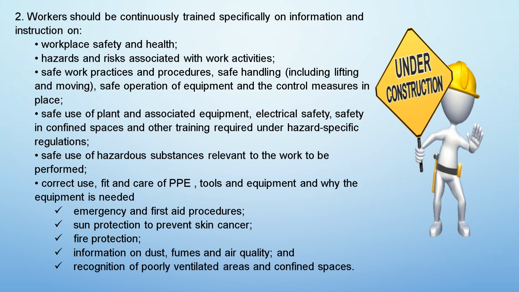Safe use of plant and associated equipment, electrical safety, safety in confined spaces, and other training required under hazard-specific regulation, and safe use of hazardous substances relevant to the work to be performed. Correct use, fit, and care of PPE, tools, and equipment, and why the equipment is needed.